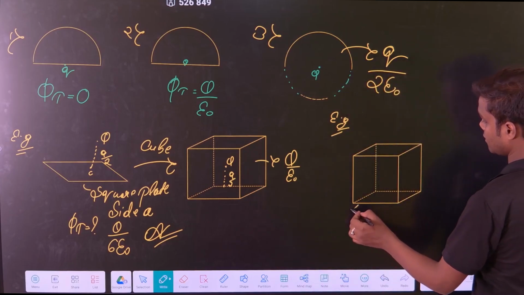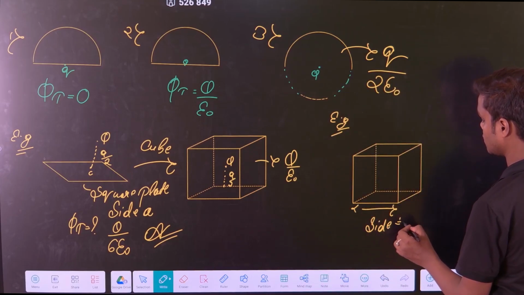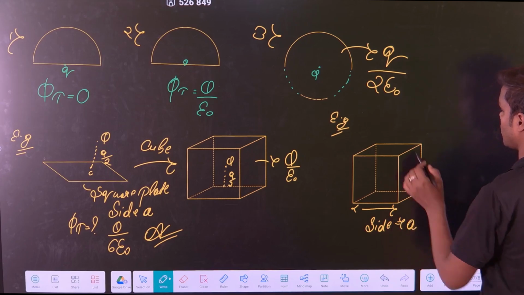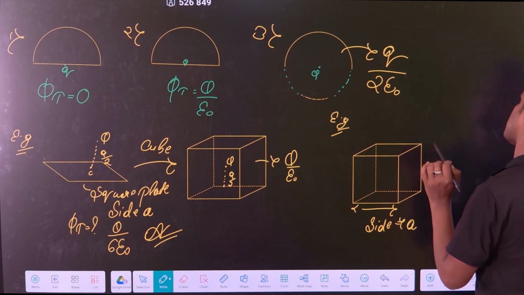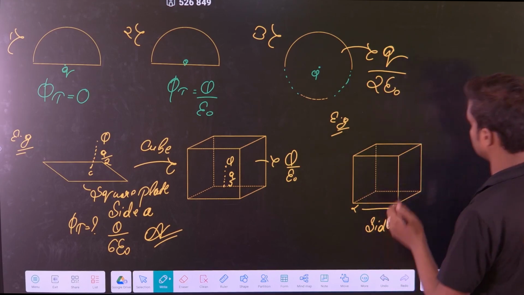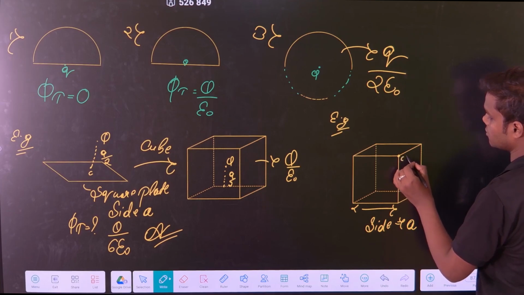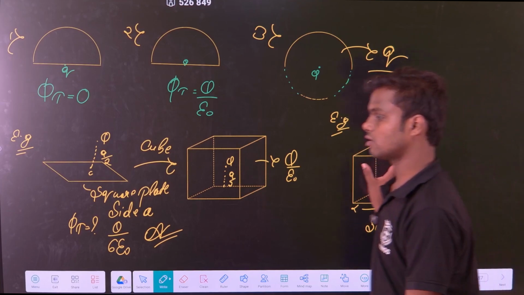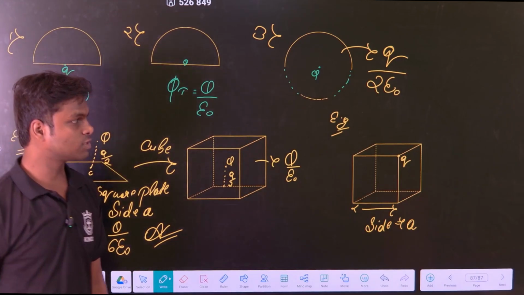The side is A, and suppose the charge is placed here. Yes, I place the charge at this corner. You have to calculate the total flux. What is the total flux through this cube?